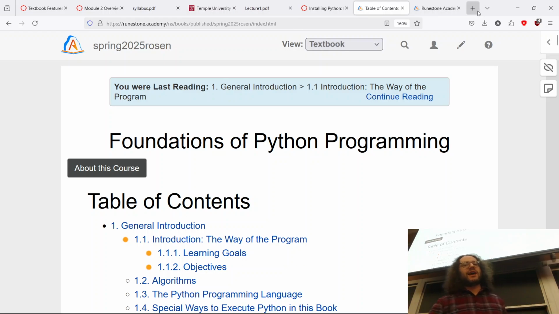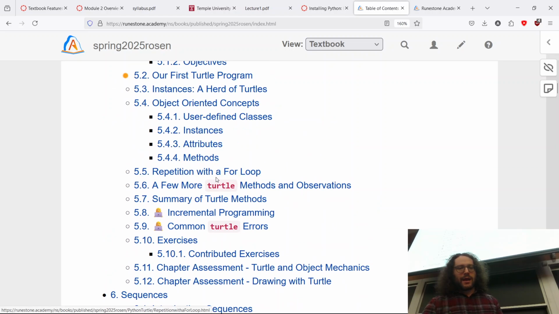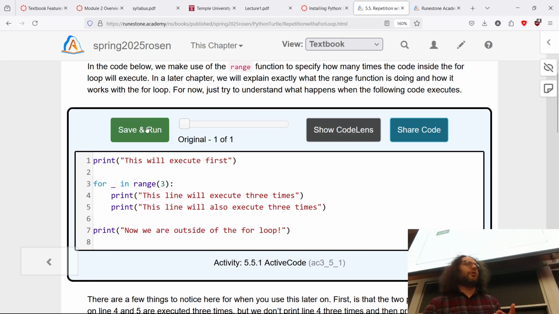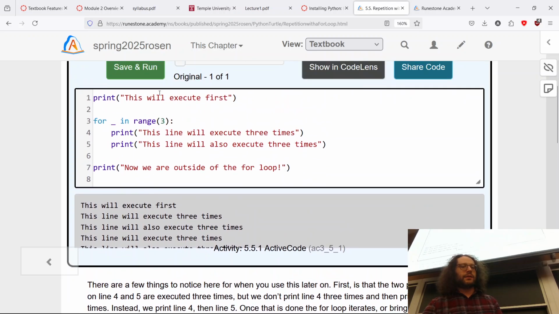Why is that? Because your textbook is awesome. Your textbook has runnable code in it, runnable code that can be altered.